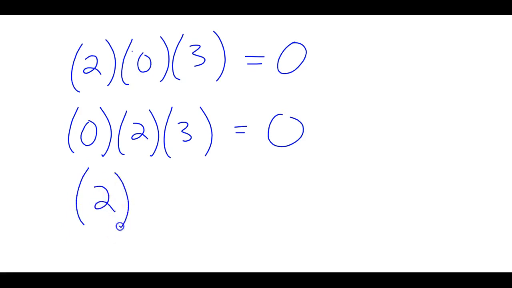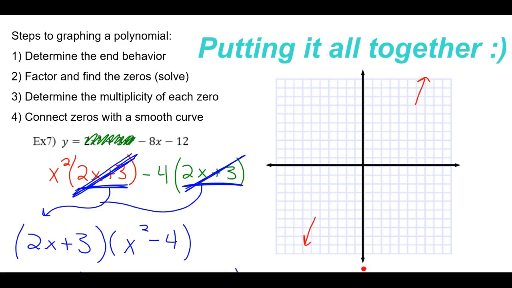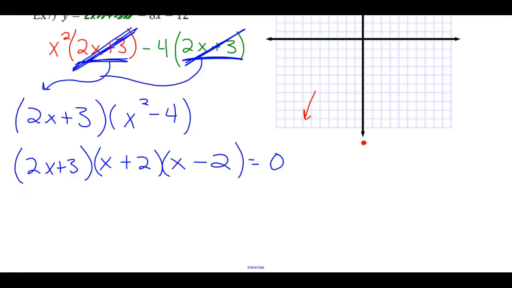What's 2 times 3 times 0? If you're multiplying things together, how many zeros does it take to wipe everything out? Only 1. So even if this one's a 2 and this one's a 3, if the first one's a 0, what's our answer? 0.